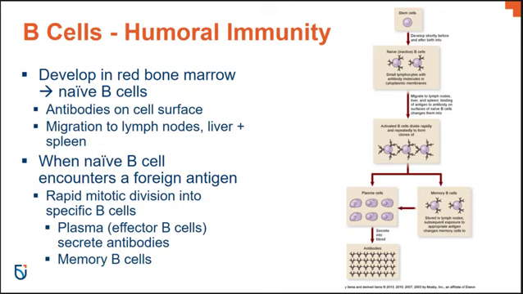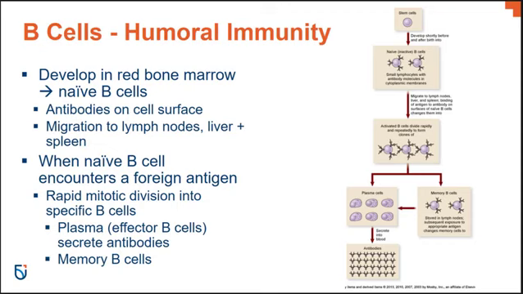This will then trigger a rapid series of mitotic divisions, essentially creating a clone of itself. The clone will then differentiate into many different types of cells, such as plasma cells and memory cells. Plasma cells synthesize and secrete huge amounts of antibodies, and we're going to talk about specifically what antibodies are on the next slide.